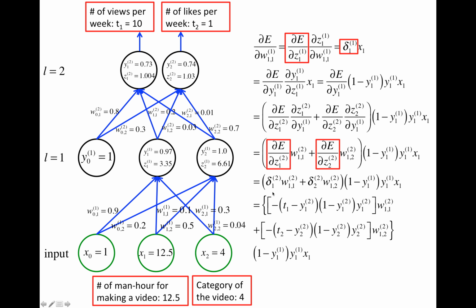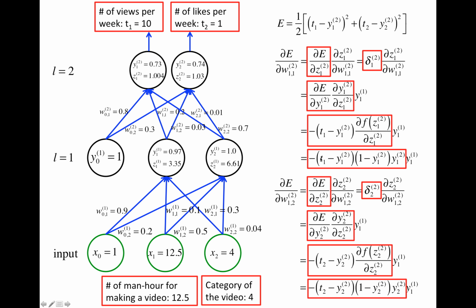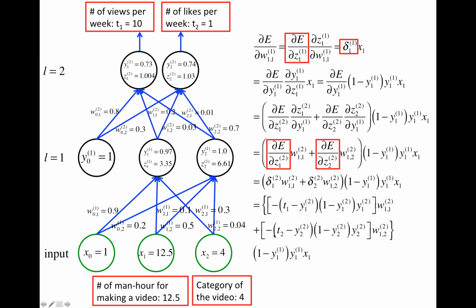And we can just bring those explicit expressions into this particular expression. So delta 21 actually equals the whole thing inside of this red box. And delta 22 equals the thing inside of this red box. And we can just bring them in here. And now we have obtained an explicit representation of partial E, partial W111. And this expression can also be evaluated using all the numbers inside of this particular figure.